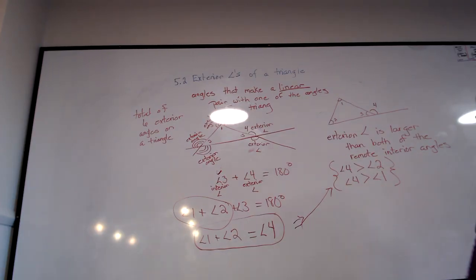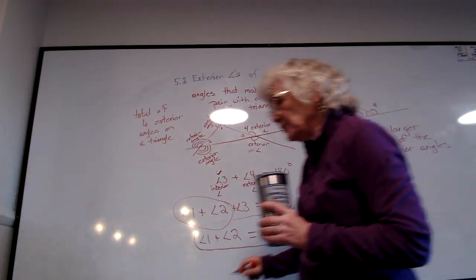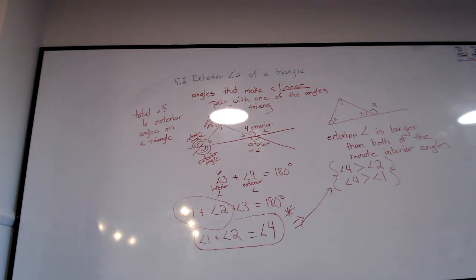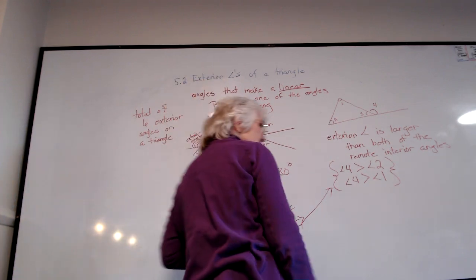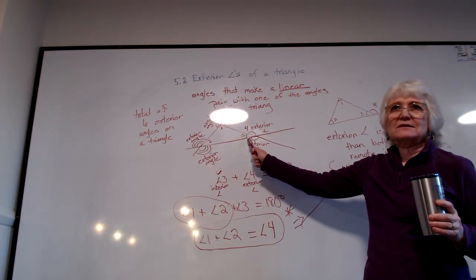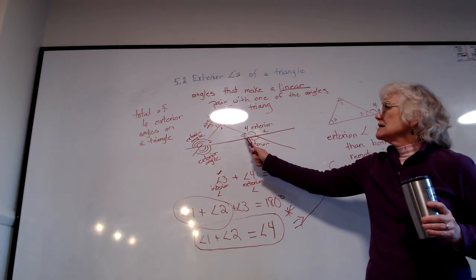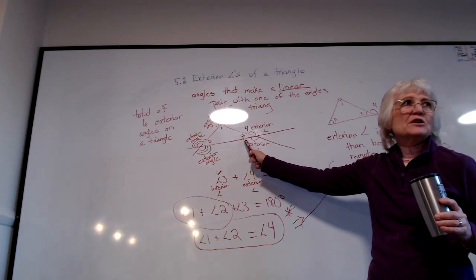Okay, this is actually the thing that we can really use, is the fact that if you know angle 4, you know that's what 1 and 2 make. You also know what 3 is, because if you know this one, you're going to know what 3 is, because it's a linear pair.